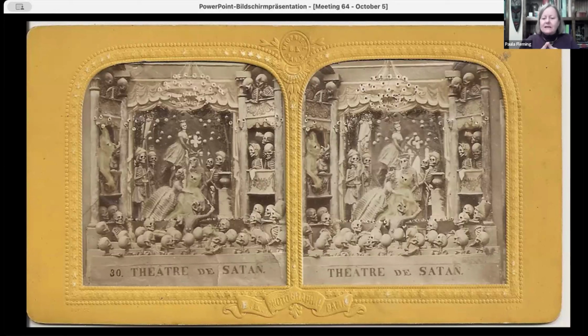And I'm ending on this slide because these Diableries inspired many other Diableries. These ran through the 1870s, but up to 1890, they continued to produce these.